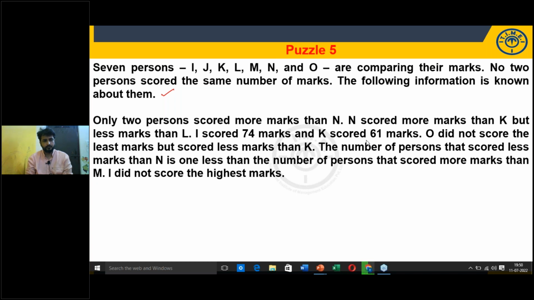No. Kavya, it is wrong. Once check it. M should not be there.